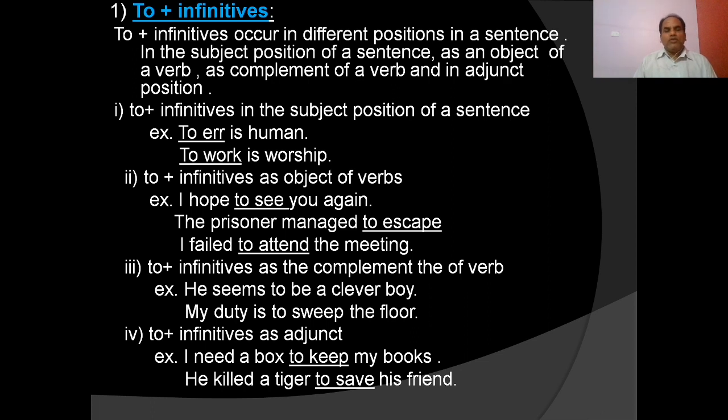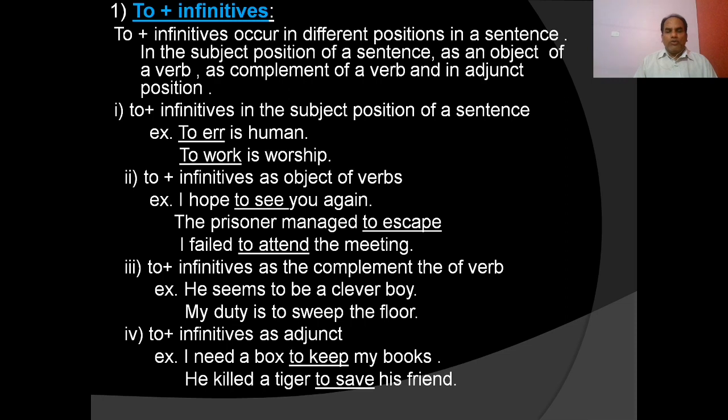Then to-infinitives are also used as adjunct. In I need a box to keep my books. He killed a tiger to save his friend. To save, to keep are to-infinitives and they are used as adjunct. Adjuncts are additional parts of the sentence. That means we may or may not use them. If we take them away, the sentence will not be meaningless.